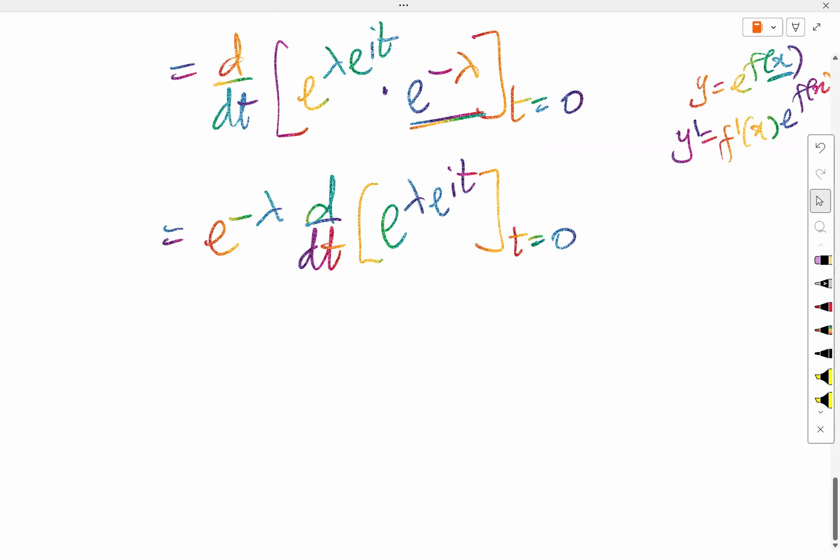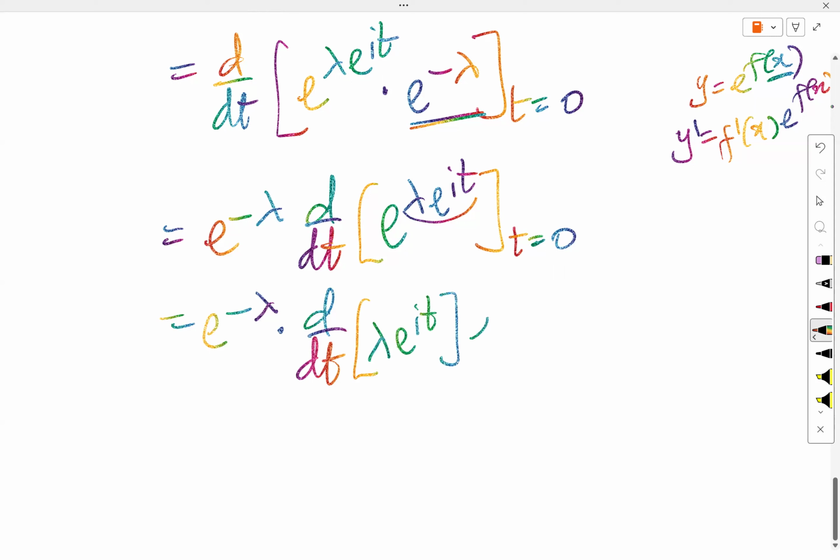So it means that we have to differentiate this with respect to t and multiply by the original. So we have e raised to power minus lambda times d dt of the power, that's lambda e raised to power it, and then we multiply by e raised to power lambda e raised to power it that was there before. All of this will be evaluated at t equals 0.